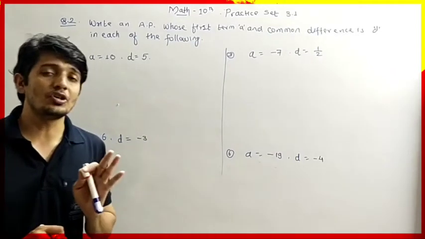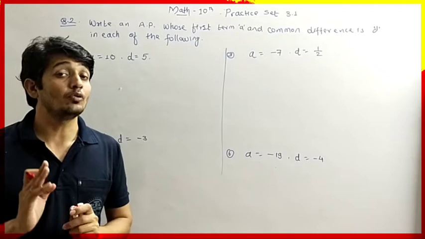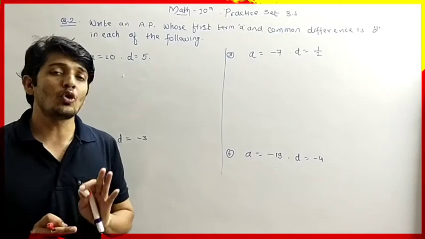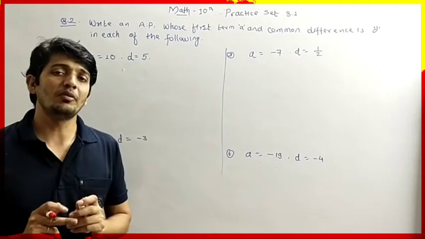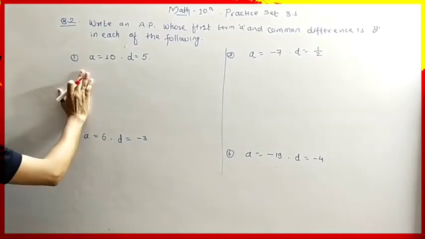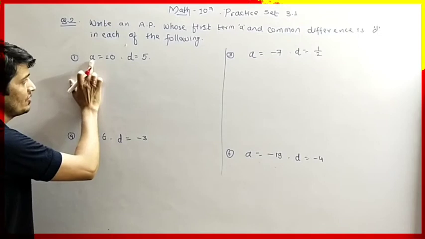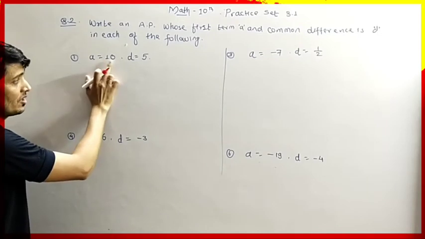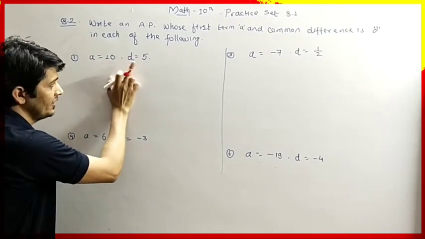In the second question we have 6 sub questions. Out of them we are going to solve 4, and the remaining 2 will be in the homework file. So we are going to solve the first question. The first term is 10 and the common difference is 5.